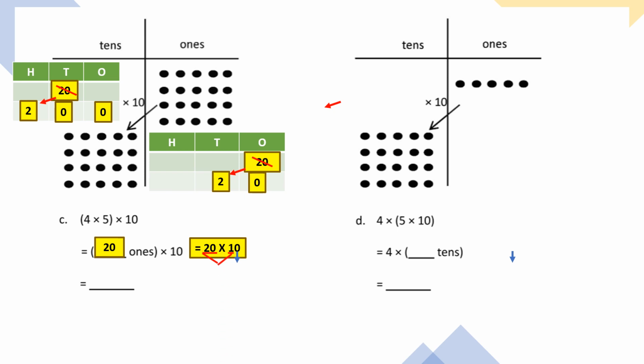So 20 times 1 is 20. Very good. And what do we do with that 0? Bring it on down. So that means that 20 times 10 is 200.